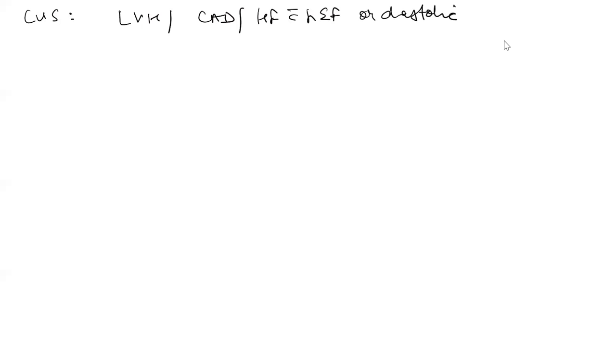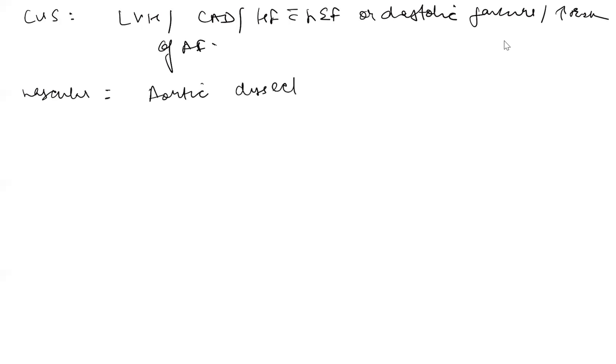Okay. Then we have serious complications in which LVH, coronary artery disease, heart failure with preserved ejection fraction, or diastolic failure, or increased risk of atrial fibrillation can be there. In vascular causes, aortic dissection or aortic aneurysm can be there.